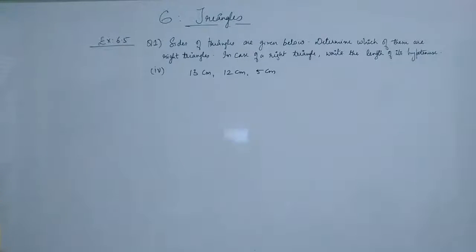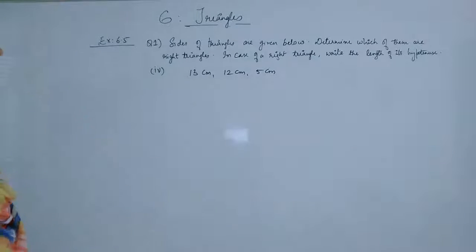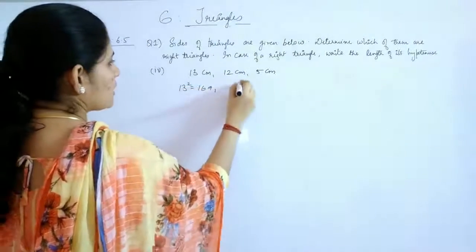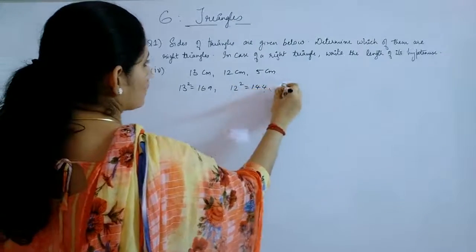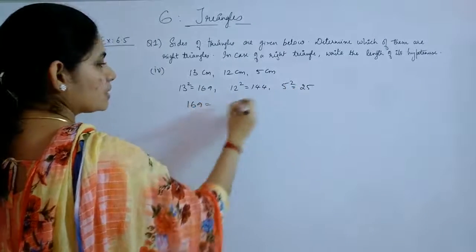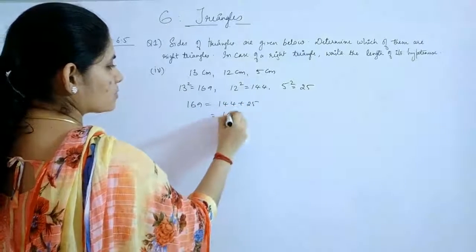Okay. Fourth subdivision is 13 centimeter, 12 centimeter and 5 centimeter. 13 square will give you 169, 12 square 144 and 5 square is 25. So again starting with 169, can it be written as a sum of these two? Is it true? So you are getting 169.